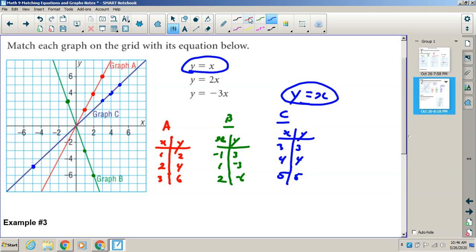So in, for example, graph A, if I take these points and substitute them in, they should work every time. So if my Y value is 2, so if I put 2 here, equals 2 times 1. So 2 times 1 is 2, so that is going to work. If I look at this ordered pair, 2 and 4, if I go 2 times my X value, or 2 times 2, it does equal Y value of 4.